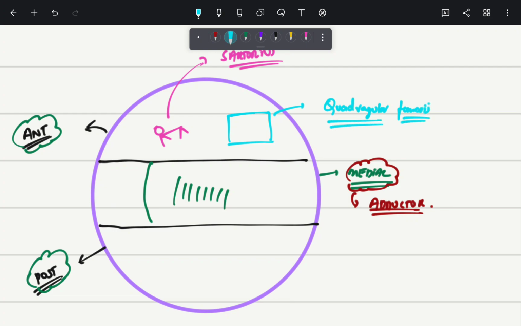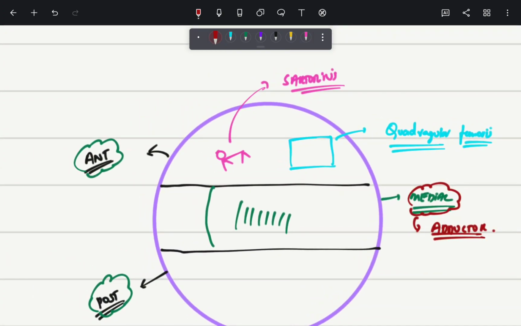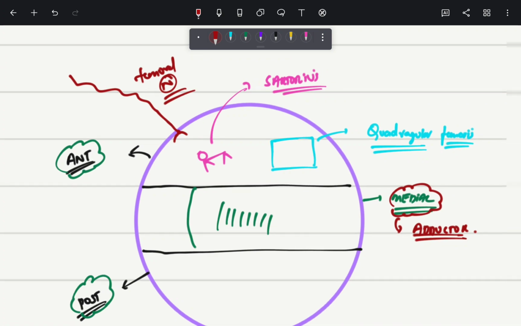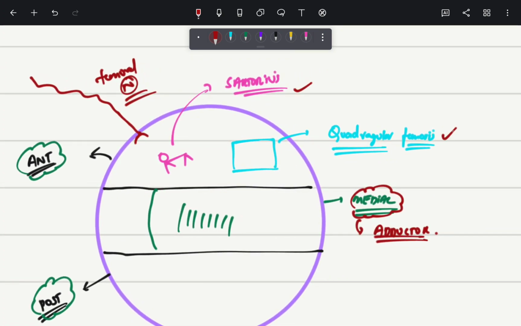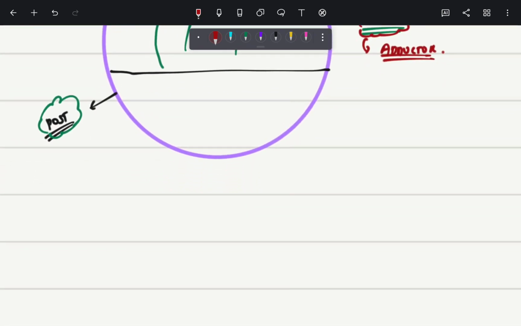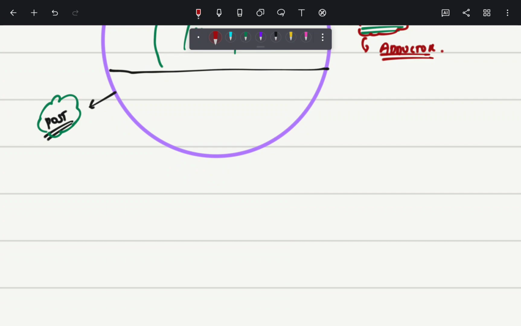So I already told you the muscles of the anterior compartment are usually supplied by which nerve? It is your femoral nerve. Okay, so sartorius and quadriceps femoris are the two muscles which are present in the anterior compartment and supplied by your femoral nerve.